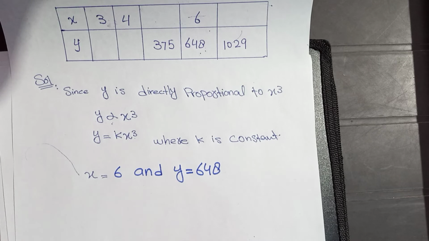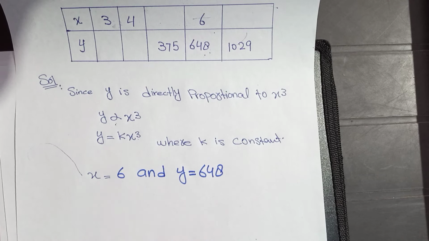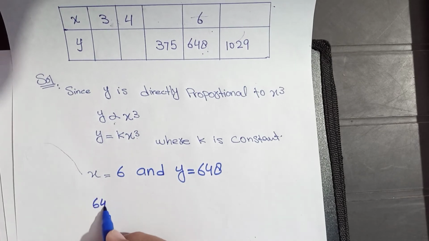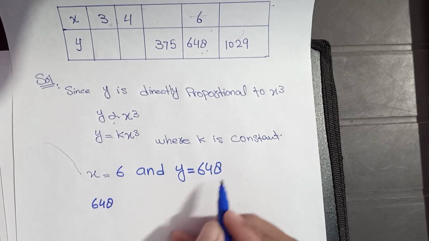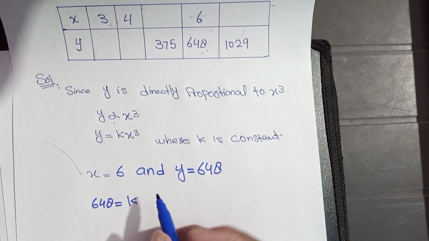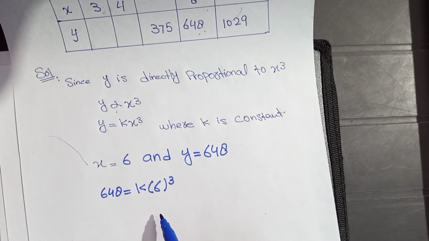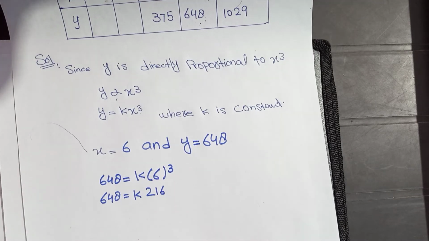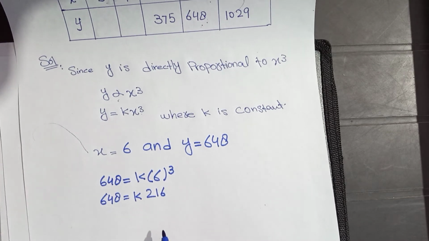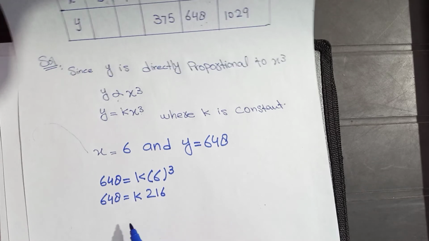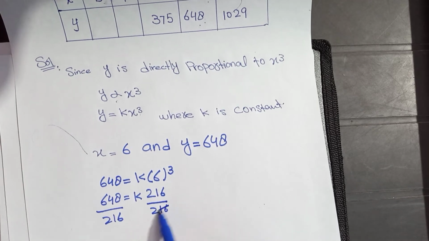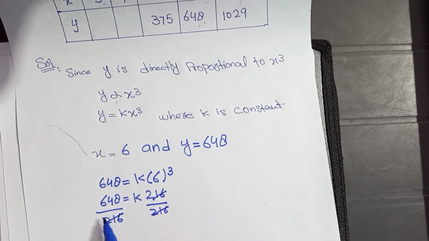Now putting the values of x and y in that equation, it will be 648, because y is equal to 648, is equal to k times 6 cube. 6 cube is equal to 216. To find the value of k, we divide 216 on both sides. 216 cancels out, and k is equal to 3.